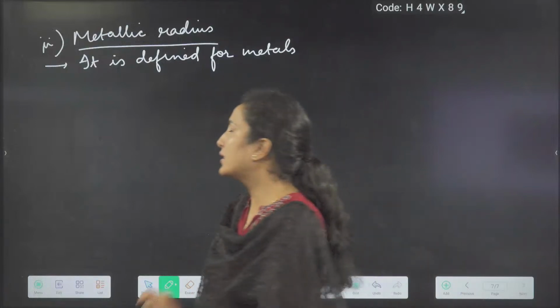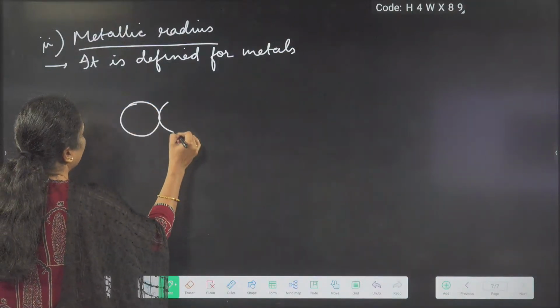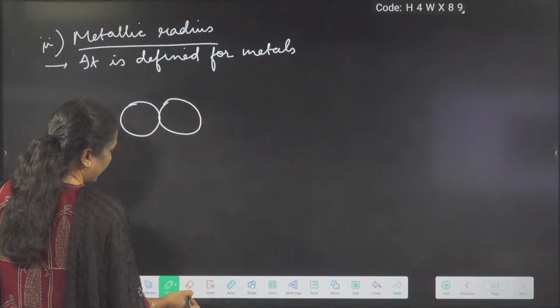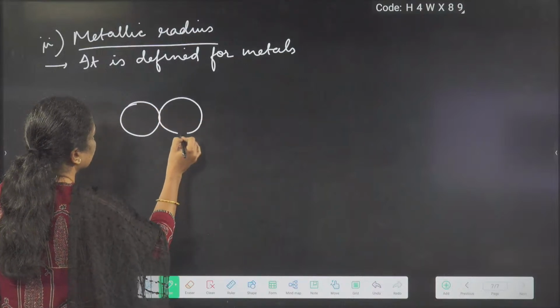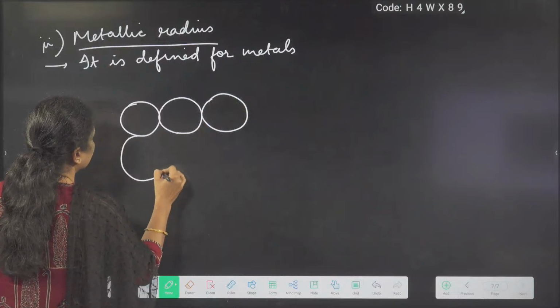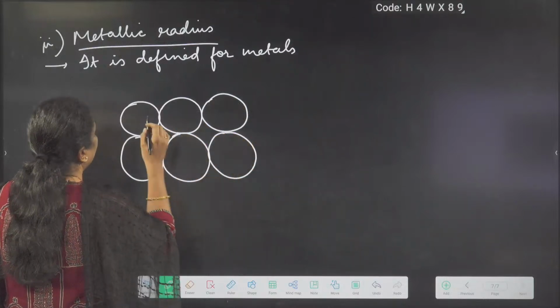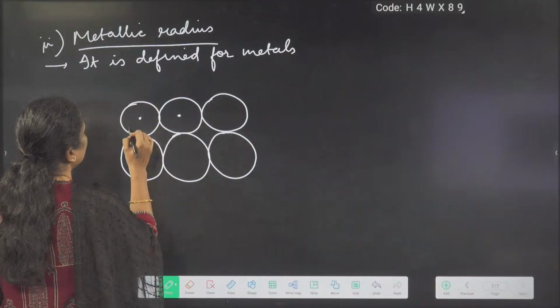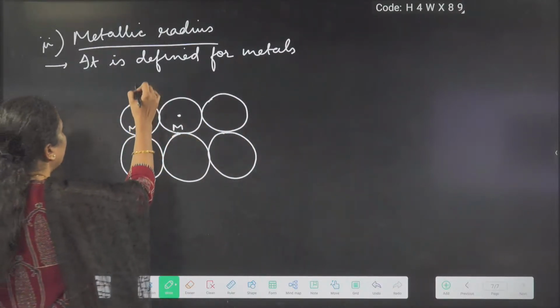So let us draw one such simple lattice here. We are not going very detailed. It should be uniform size, and let us say these two are the metal atoms which are present in the crystal lattice of the metal.